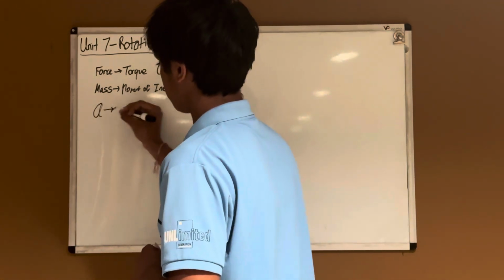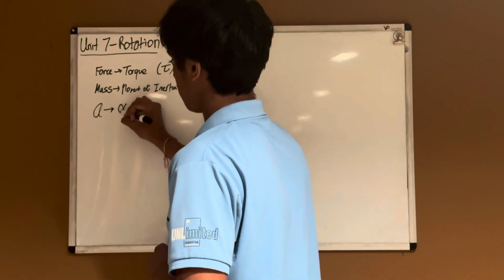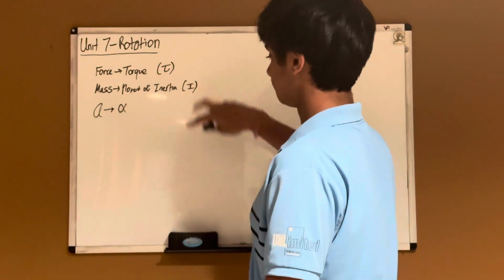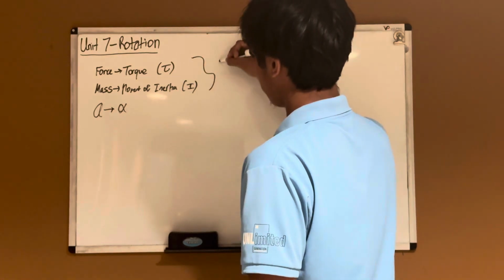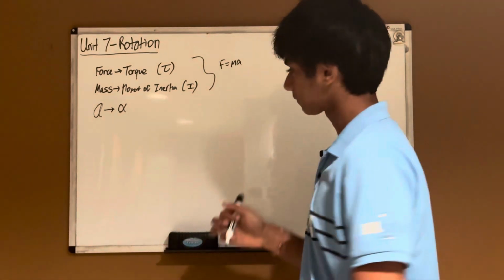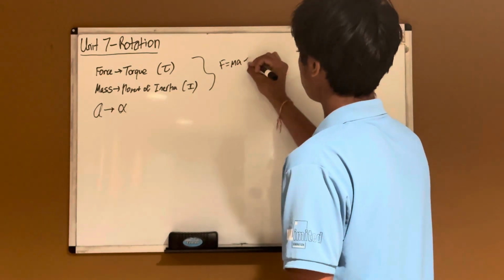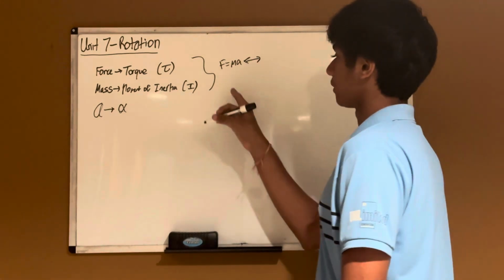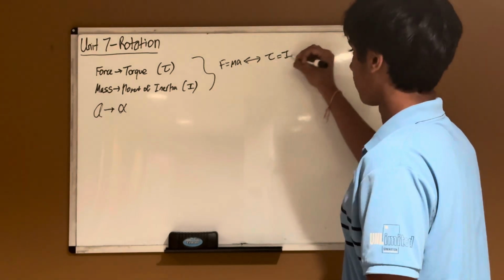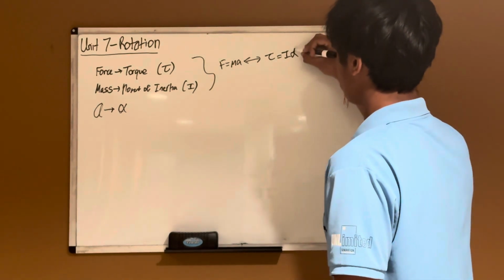Linear acceleration, and angular acceleration for rotational terms. With these, we know that F equals ma is the linear equation, and our equivalent for rotation is torque equals rotational inertia times angular acceleration alpha.